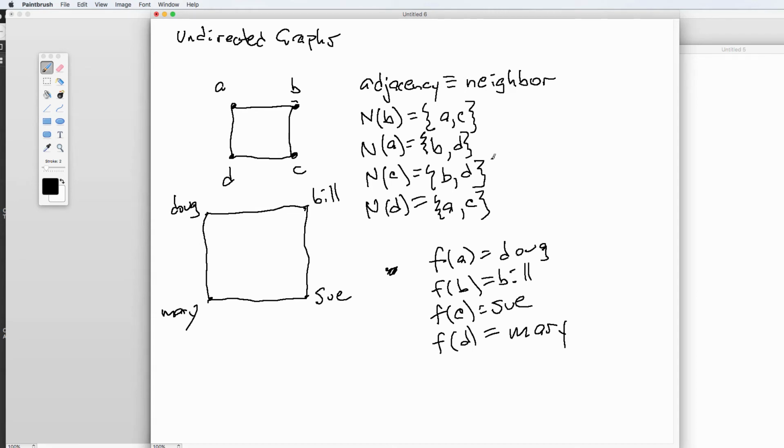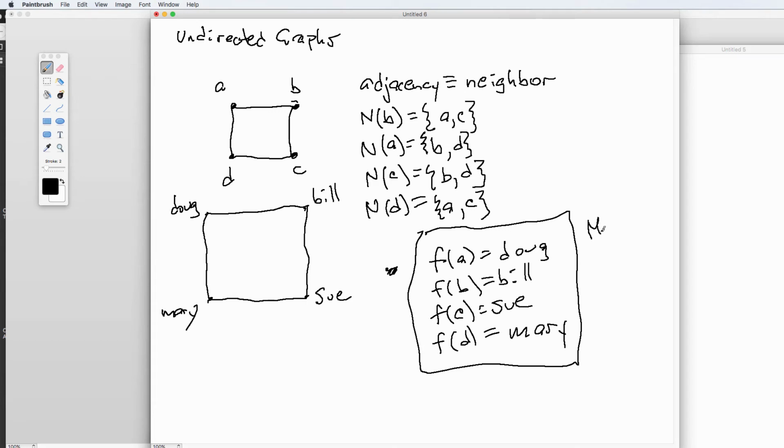Okay, well, that would say over here that the neighbors of Doug should be whatever f of B and f of D are. Well, f of B is Bill, and f of D is Mary. Okay, and we can see that what's happened here is just like this has come down to here, the neighbors have maintained the same. So this function here has maintained the notion of neighborhood.